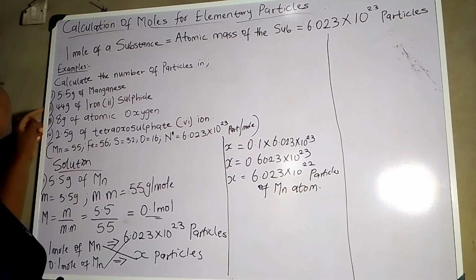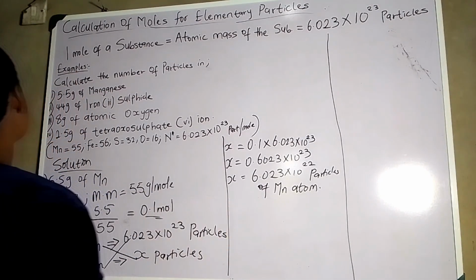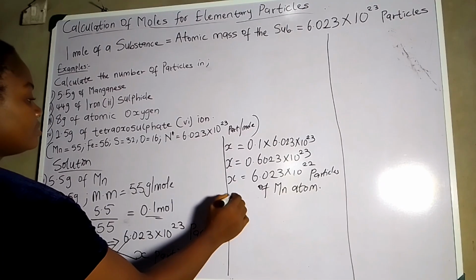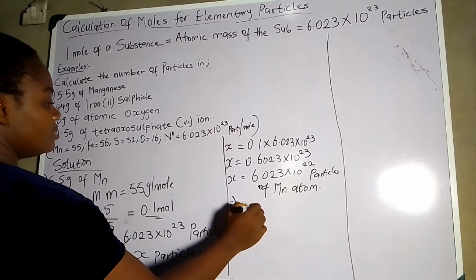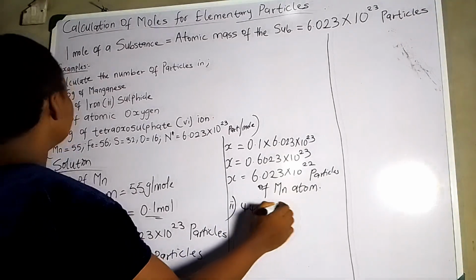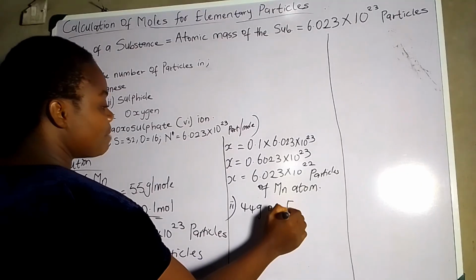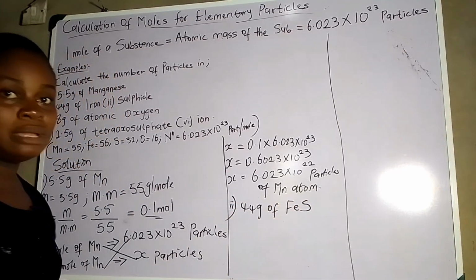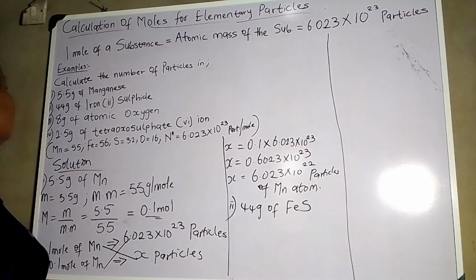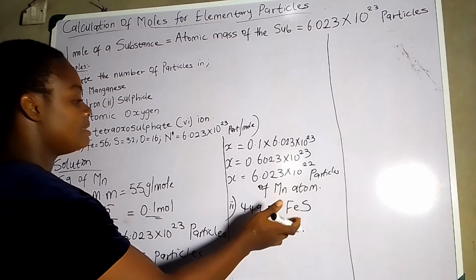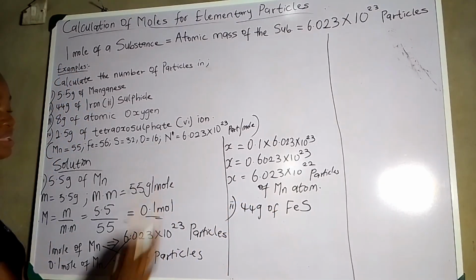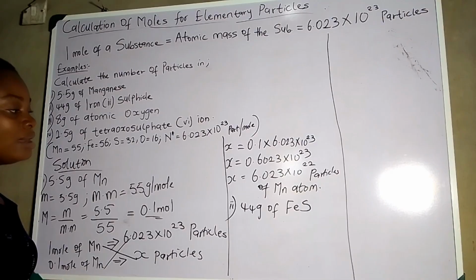Let's solve for 44 grams of iron 2 sulfide. So permit me to write the molecular formula, okay? Now, you also have it in brackets. You have the mass, and the molecular mass can be gotten from here, and we'll go ahead and find our mole.